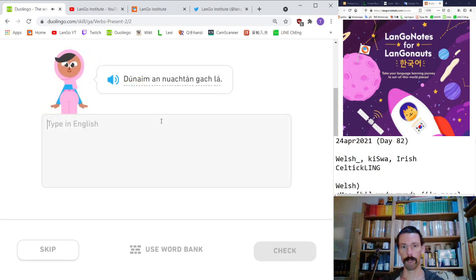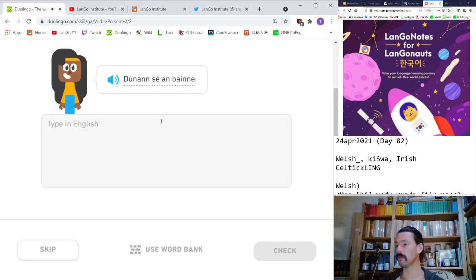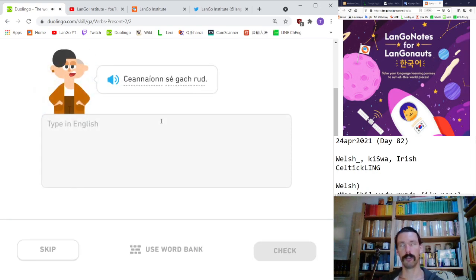Dúnaim an nuachtán gach lá. Dúnaim, I close. An nuachtán, the newspaper. Gach lá, every day. Dúnann sé an bainne. Dúnann sé, he closes. An bainne, the milk. Ceannaíonn sé gach rud. Ceannaíonn sé, he buys everything, right?